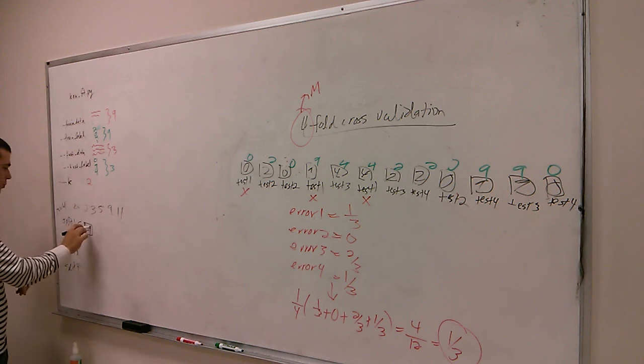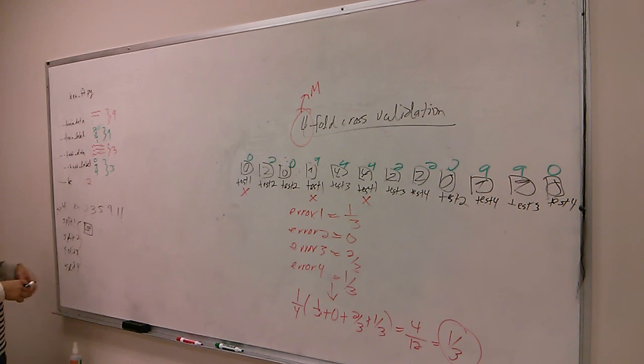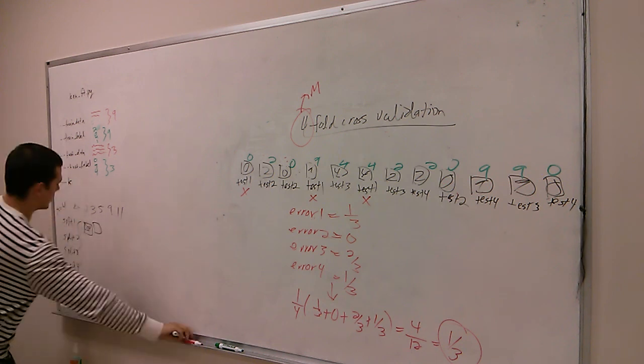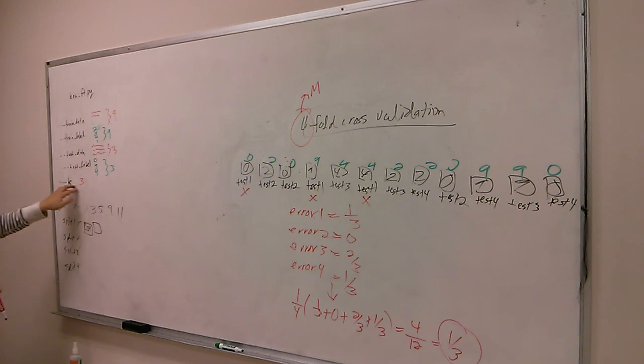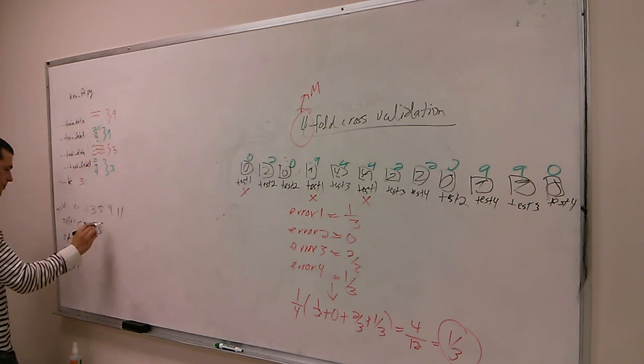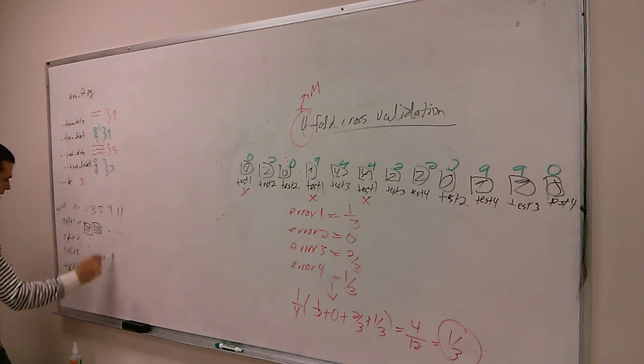Let's say it's 0.04 error. And for k equals 3, it's the same data, the same split, so we can just change this one parameter, keep the same file names, and run it again. That'd be like 0.05. And you do this for all of these cases, and then at the end, you get the average.